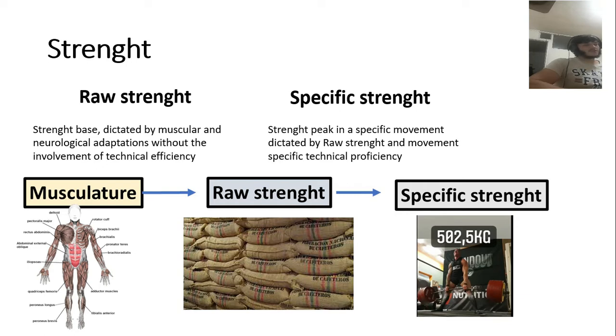If you do a bench press, that's going to stimulate all of the musculature necessary for the bench press. So it's going to help you build a base of raw strength, and it's also going to help you build a base of specific strength, because you're doing the movement, so you're getting more neurologically efficient at it on the given cues as you practice it more and more.